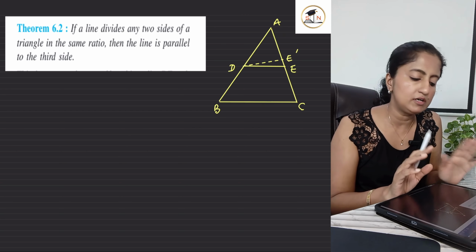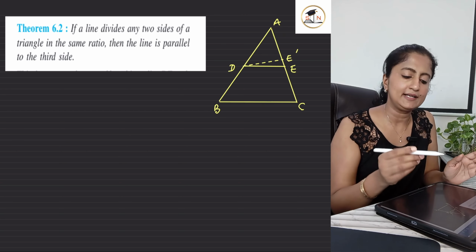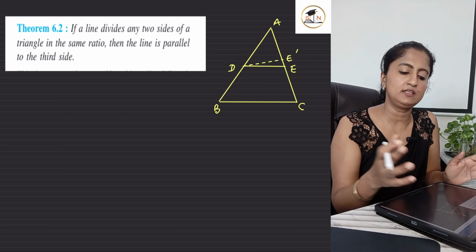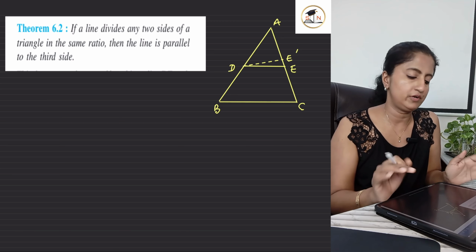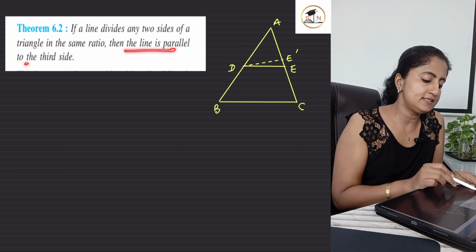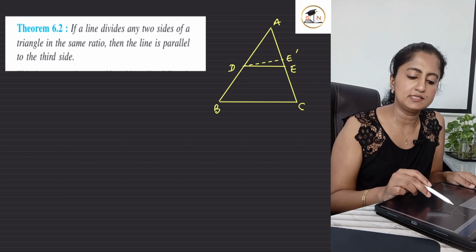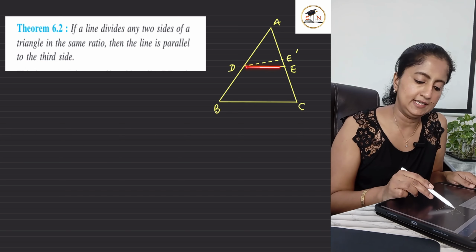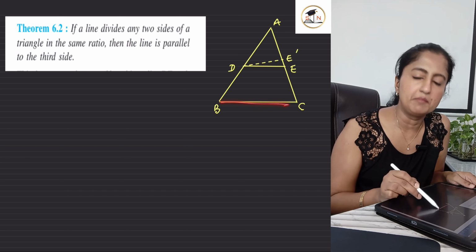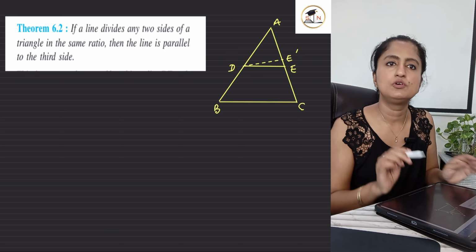This is what they have already given in the theorem, that this line DE is dividing the other two sides in a ratio. Then the line is parallel to the third side, means we are supposed to prove that DE is parallel to BC. This is what we are supposed to prove.